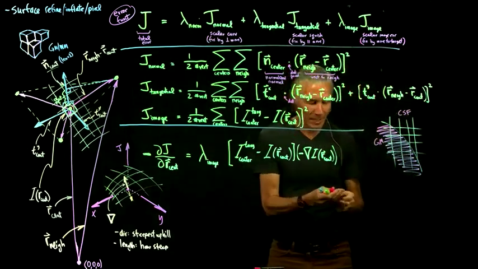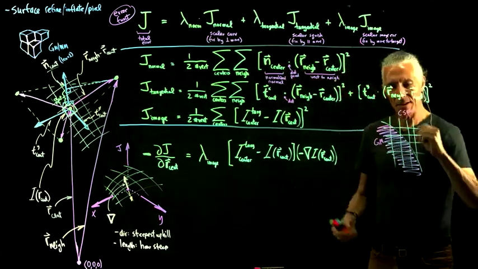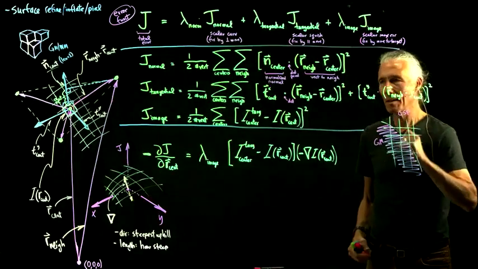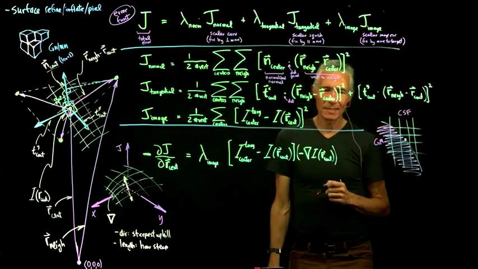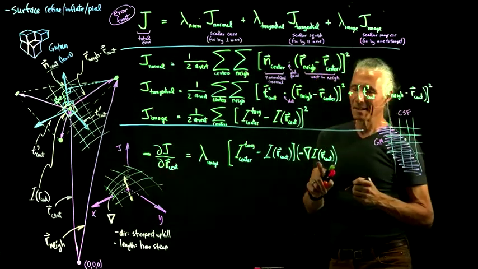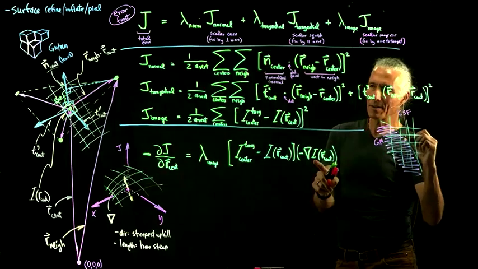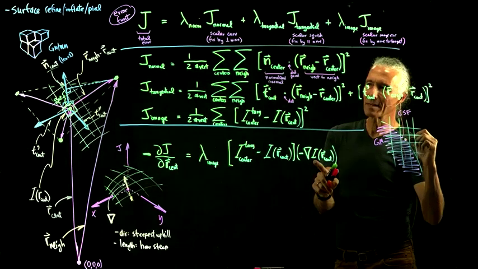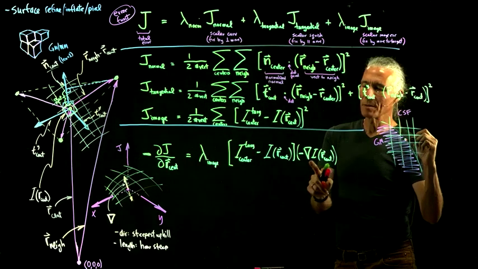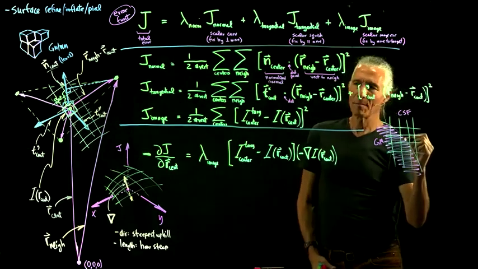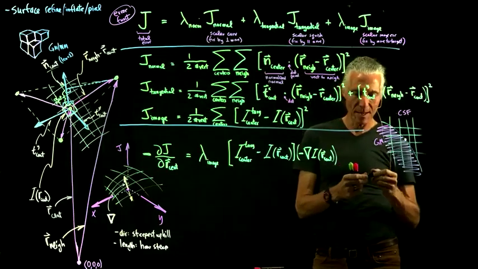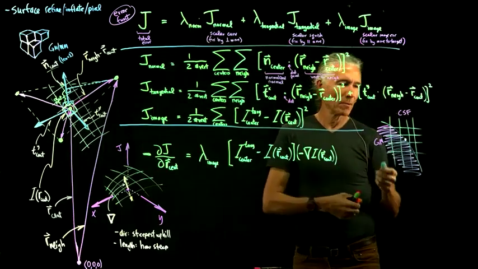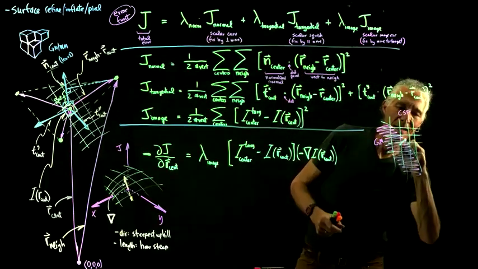If we're at a particular point someplace on our surface, how do we figure out which way to go to fix things? And what is the gradient? The gradient is going to say which is the direction in which the image value is changing the most strongly, and what would that direction be? That direction would be like that direction.